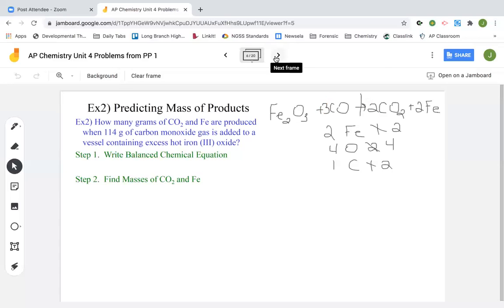That's going to change our carbon to 3 and change our oxygen to 6. And when we go to the right side to try to balance it, instead of having a 2 here, we're going to put a 3. And that's going to change our carbon to 3, and it's going to change our oxygen to 6. Remember, balancing chemical equations is trial and error. So you're just going to try some numbers and keep going until you see which ones work. So now our balanced chemical equation looks like this.